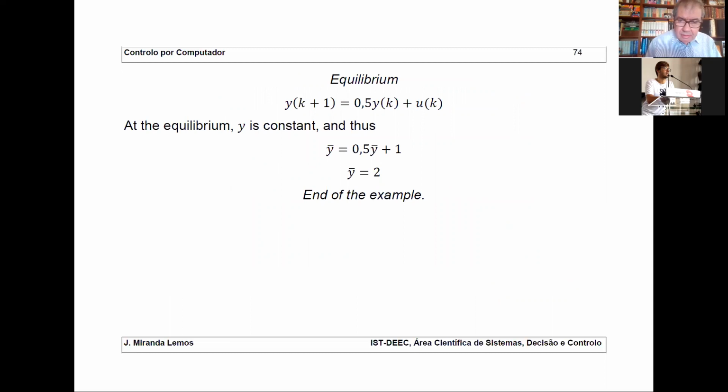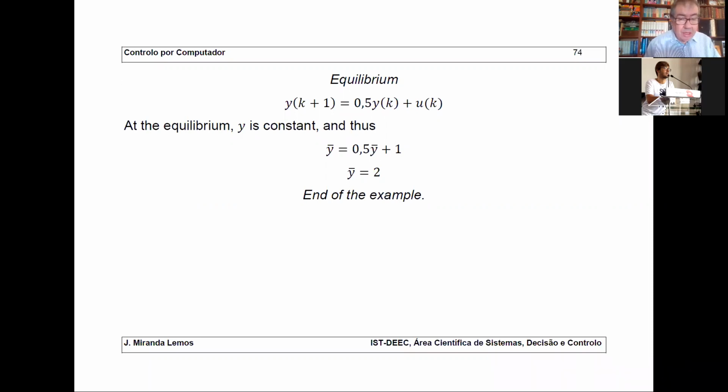So difference equations are a kind of iteration. It's very simple. I mean, the theory is very simple. Now, we have seen already this. If you apply a constant u, is there a value, an initial condition for y such that y is kept constant at that value?